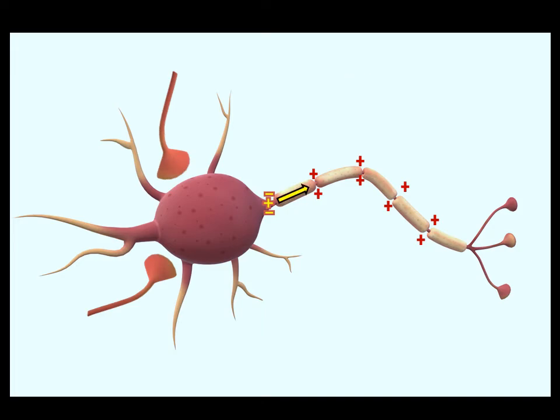The movement of positive ions produces a local current that travels away from the trigger zone through the cytoplasm of the axon. As this local current reaches the first node, it excites the membrane to its threshold level and generates action potential there, as well as sends the electric current to the next node.